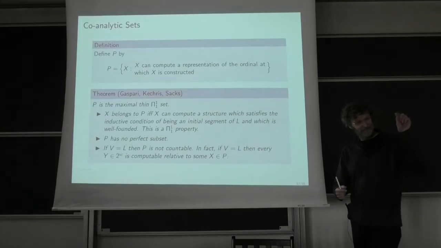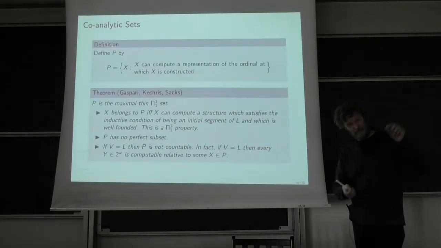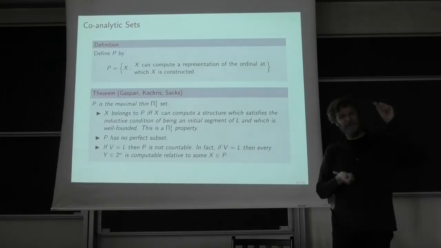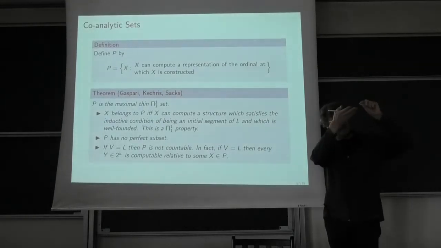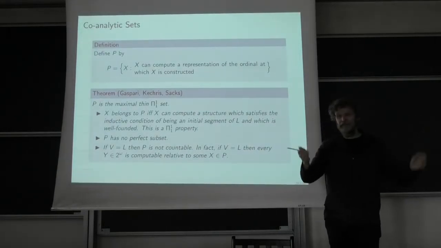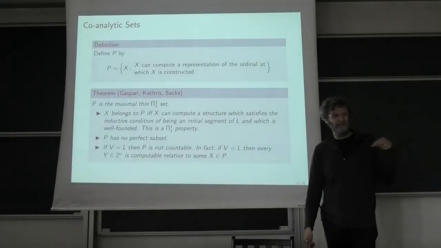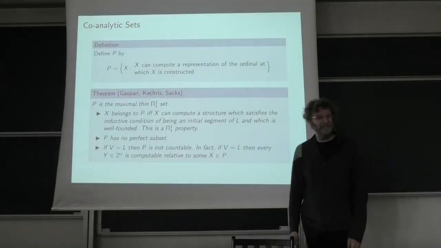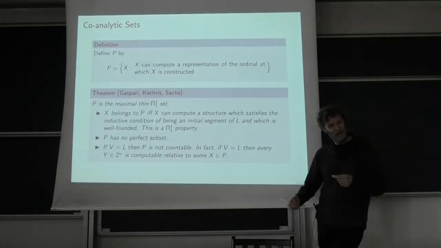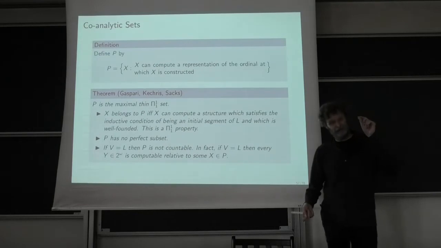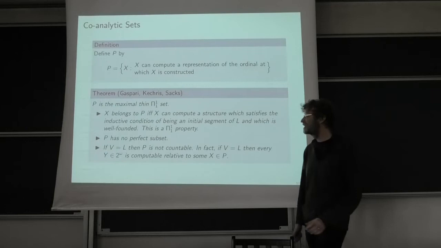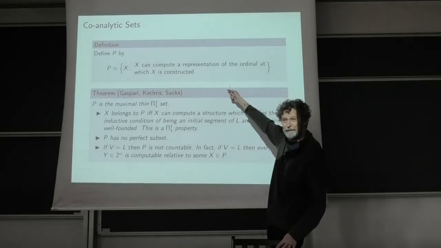So this X can compute a representation of an ordinal, and that ordinal is big enough so that if you run Gödel's construction to that ordinal length, you see how X was built. So X knows itself. It knows where it came from. It can compute how long a well-ordering you need in order to build X up. So that's P.